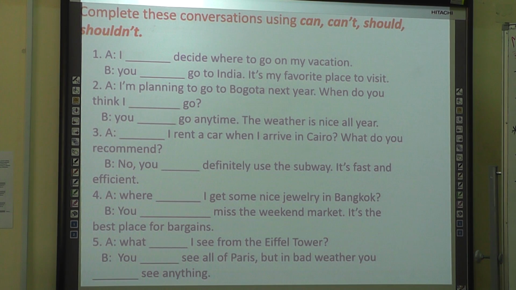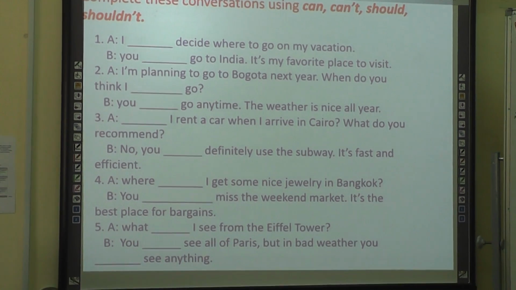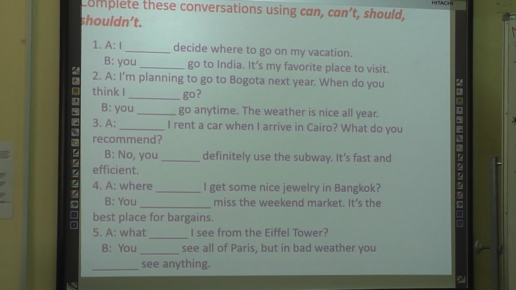You blank miss the weekend market. It's the best place for bargains. 5, what blank I see from the Eiffel Tower? You blank see all of Paris, but in bad weather, you blank see anything.